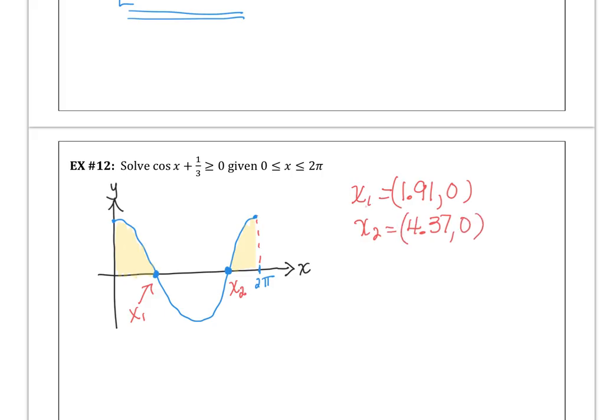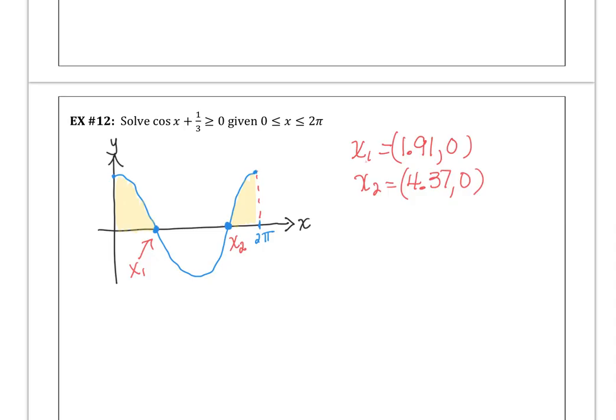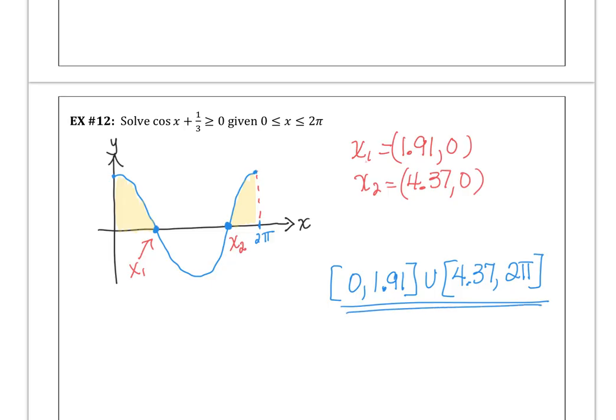So to make that statement true, the cosine x plus a third is greater than 0 on the interval from 0 to 1.91, and from 4.37 to 2 pi. So these are the two intervals that make that statement true.